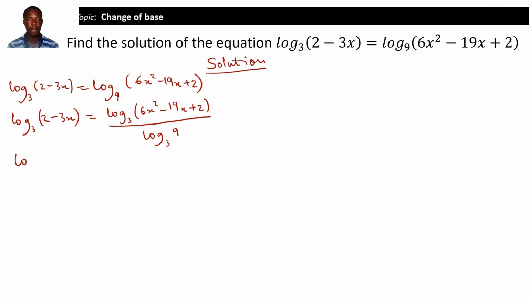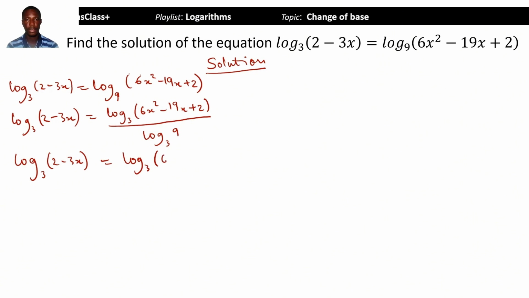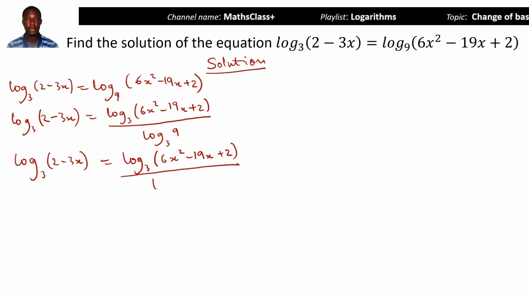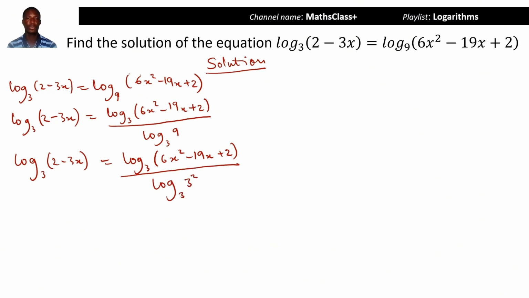So here I have log to the base 3, 2 minus 3x is equal to log to the base 3, 6x squared minus 19x plus 2, and then I will divide by log to the base 3 of 3 to the power 2.